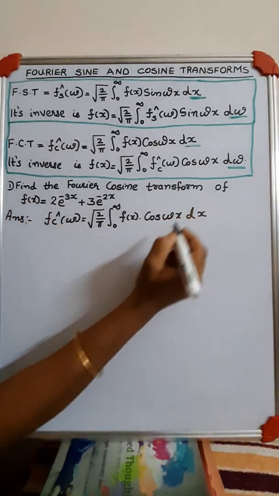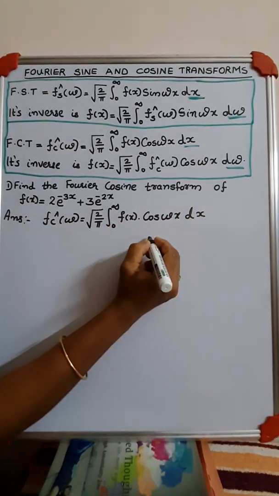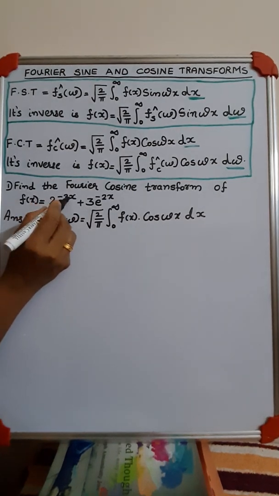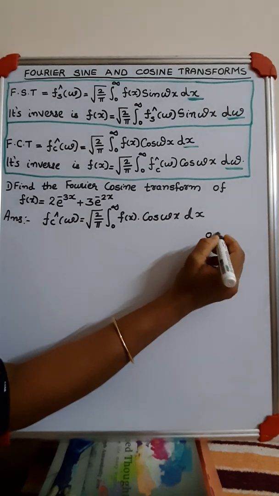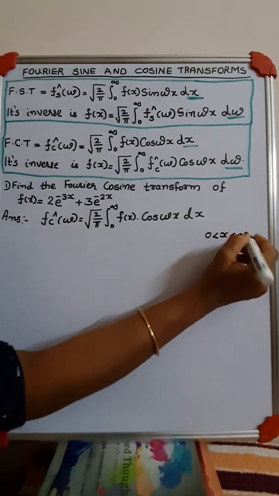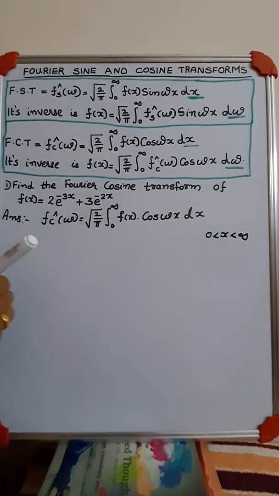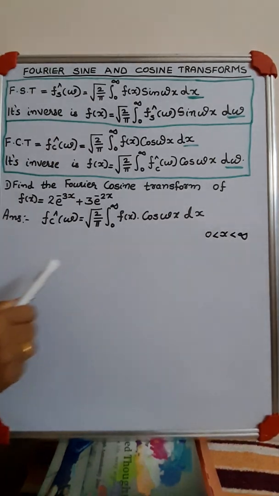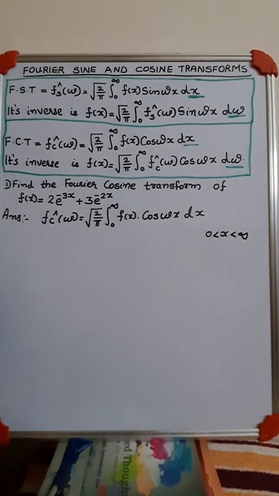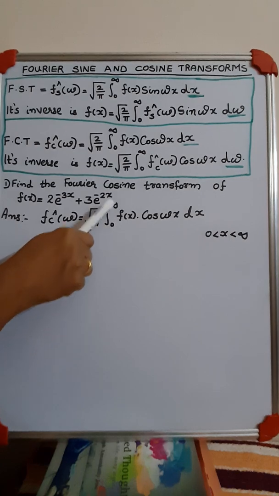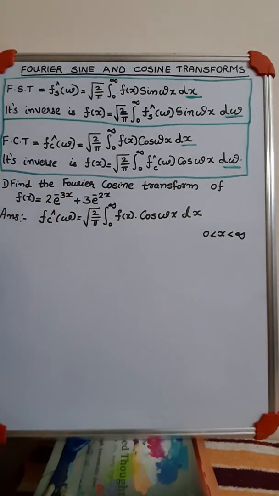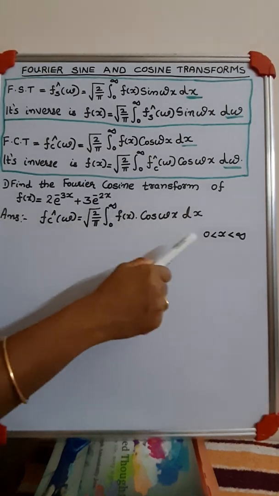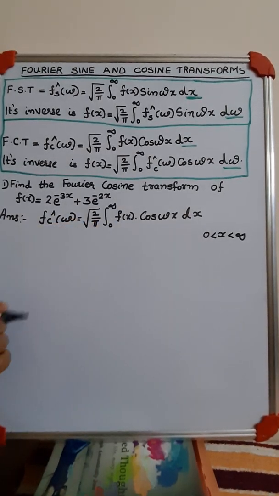So we write f of x is equal to 2 into e raised to minus 3x plus 3 into e raised to minus 2x, where 0 less than x less than infinity. In some cases, the limit of x is given. In that case, you have to apply the given limit here. Here the limit is not given, therefore we have to choose the limit as 0 to infinity itself.